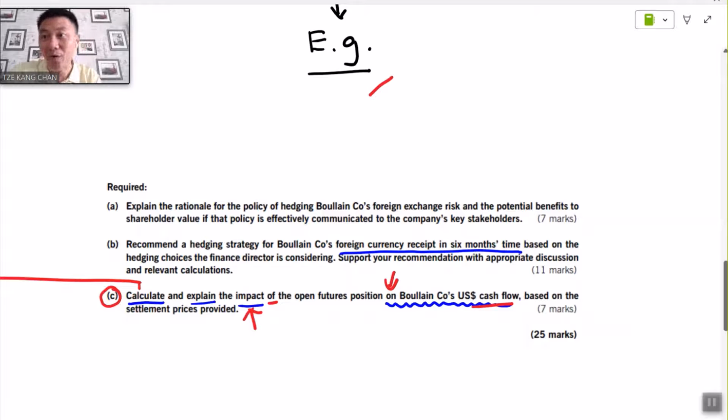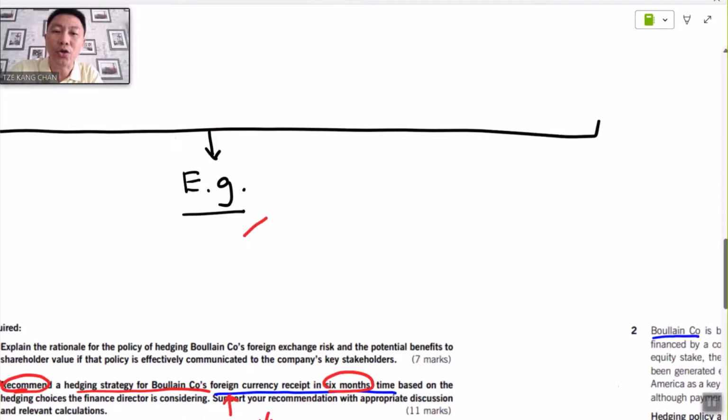And guys, from the explanations a while ago, to demonstrate the impact of the futures positions that remain open, it has to all start with the creation of the hedge for meeting the risk management objective of the firm that was required and asked in part B, regarding hedging against the risks arising from foreign currency receipts in 6 months' time.